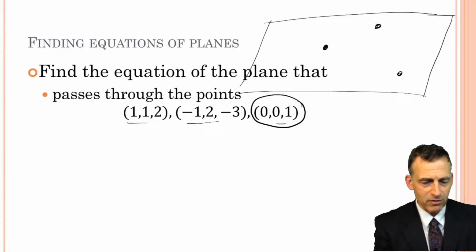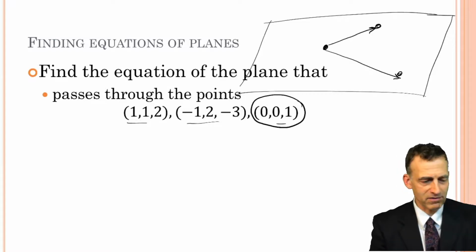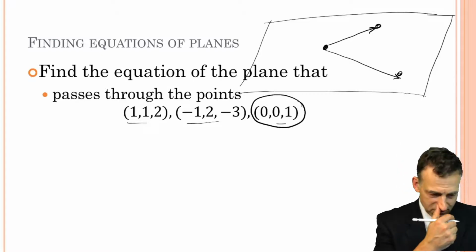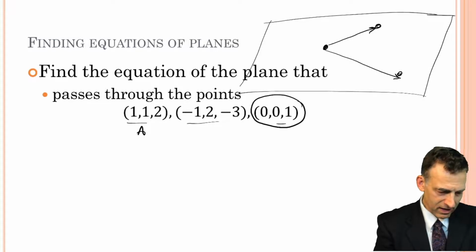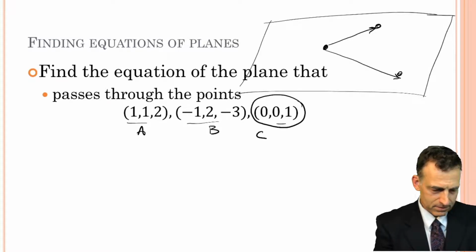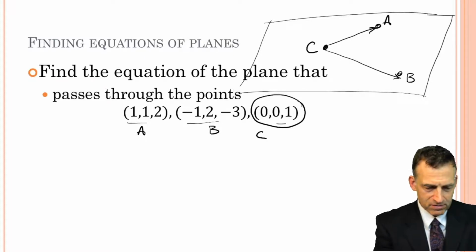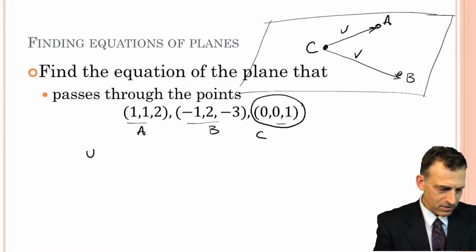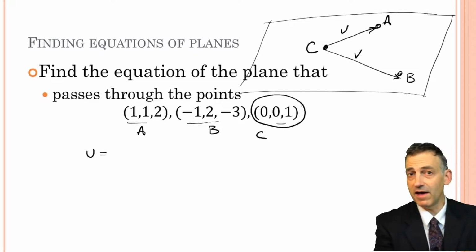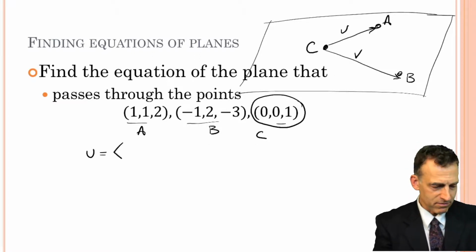To get the normal, I'm going to find 2 vectors that are in this plane, and then I'll do the cross product of those 2 vectors. So let's get these 2 vectors. Let's call these points A, B, and C. I'll put C right here because I think that'll make things easiest, and then here's B. This first vector we'll call U and this one V. So my vector U, which is from C to A, is going to be the vector 1, 1, 1.